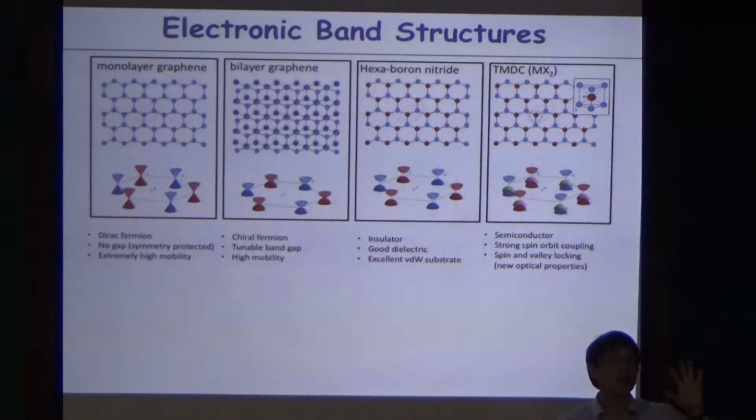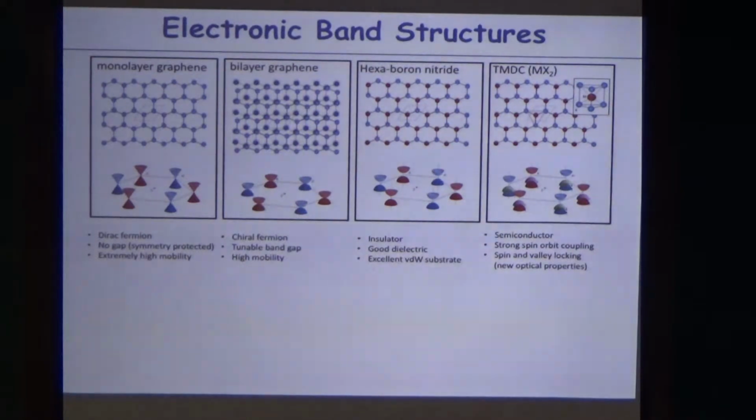Although in terms of the projected two-dimensional crystal structure, it is very similar, in some sense it looks like boron nitride, right? Therefore the inversion symmetry is broken to open up the gap. On top of that, they have strong spin-orbit coupling, which will make the band split in the spins.